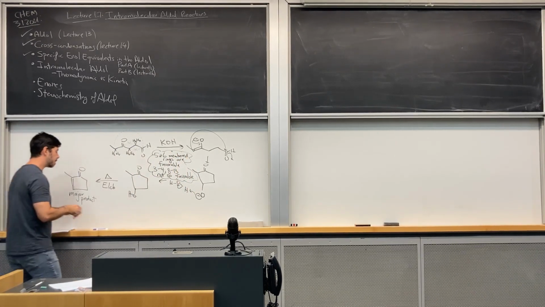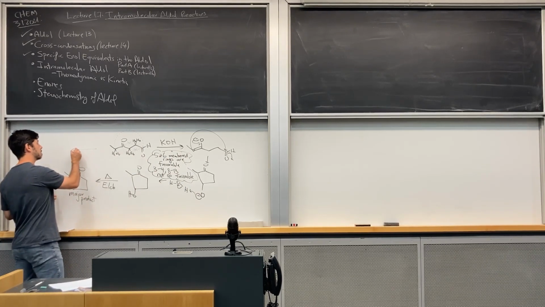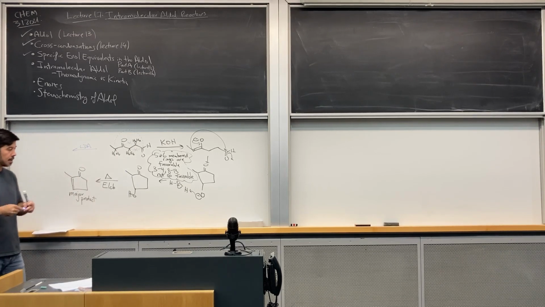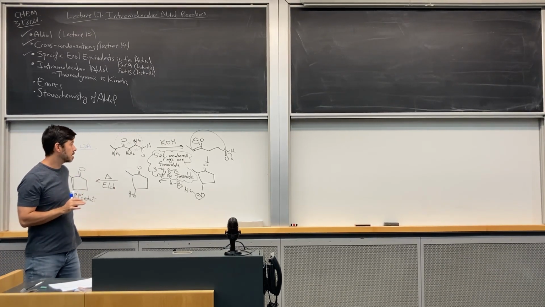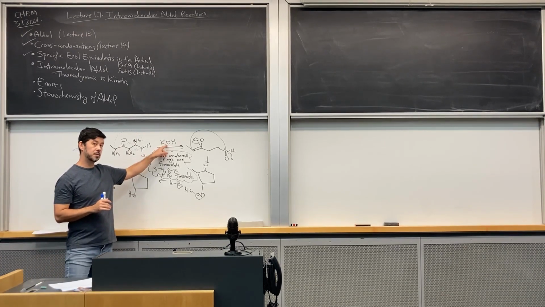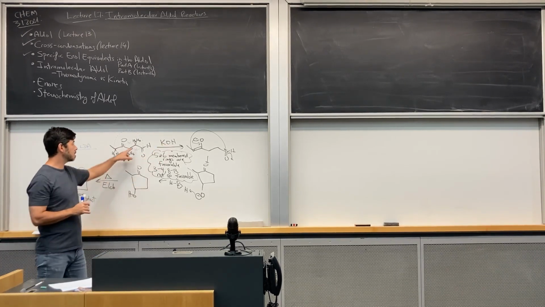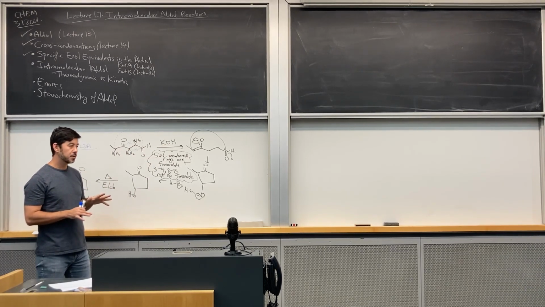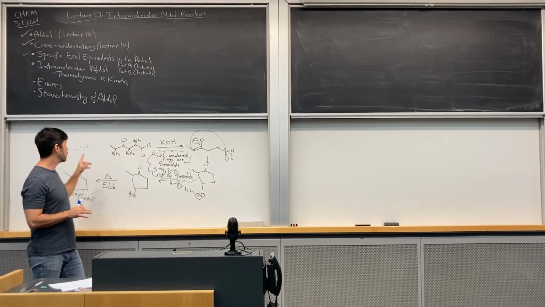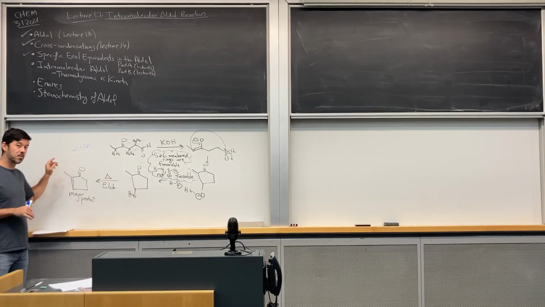If you did treat this compound, however, with LDA, what would you actually get? And LDA, remember, is a sterically hindered base. It's not reversible like potassium hydroxide. So once it removes either of those protons, it's irreversible. So it's not going to go back, and what you will end up generating is a mixture of products.